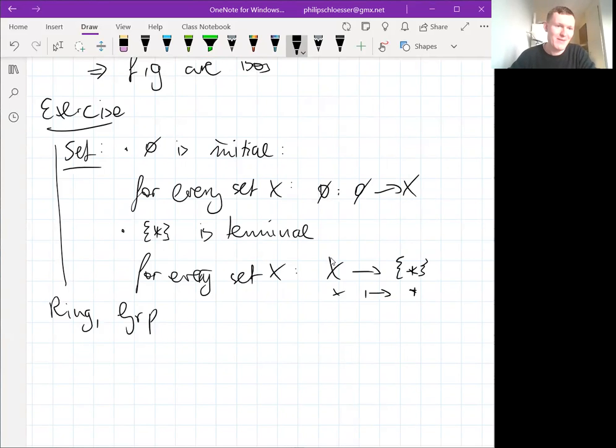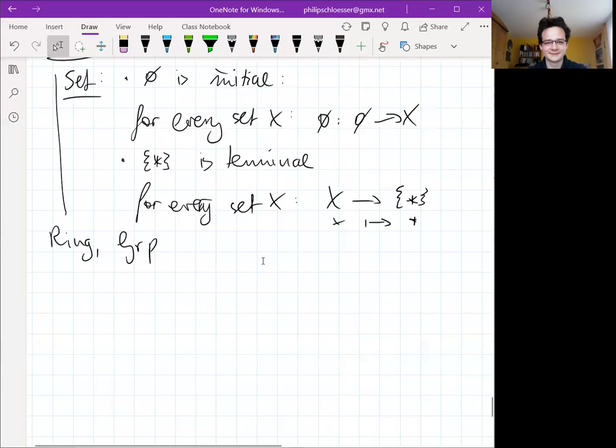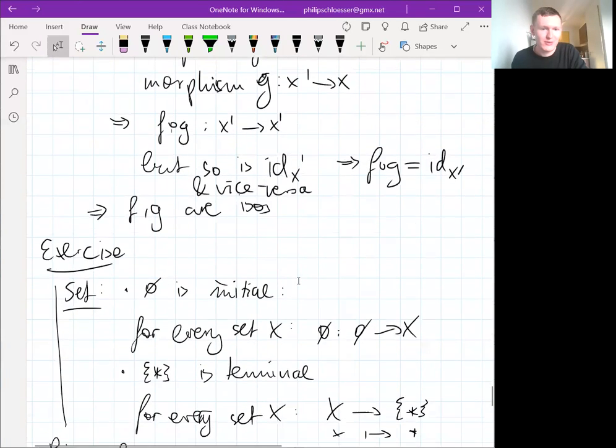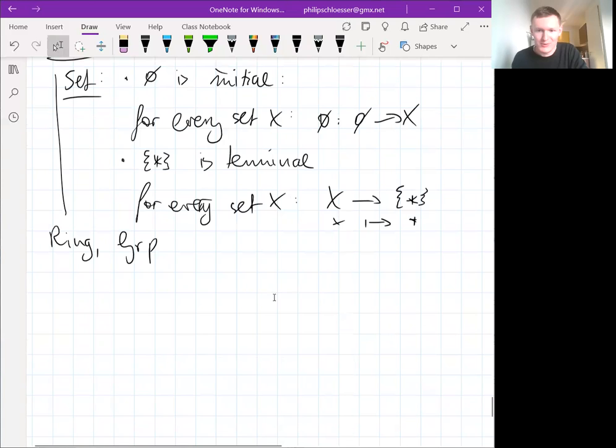Okay. But it's final. Yeah. Oh, I've actually done this as a lemma right afterwards, that they are unique up to unique isomorphism, but never mind.